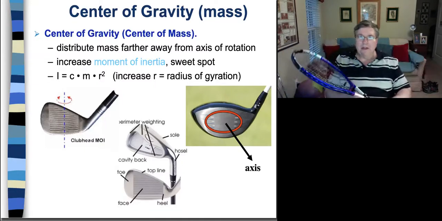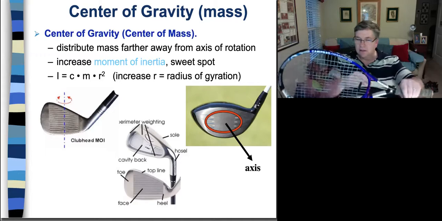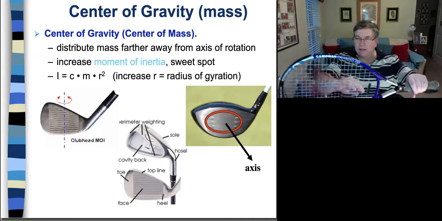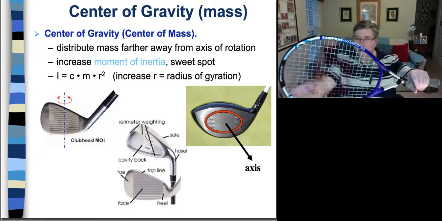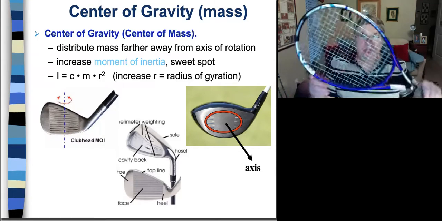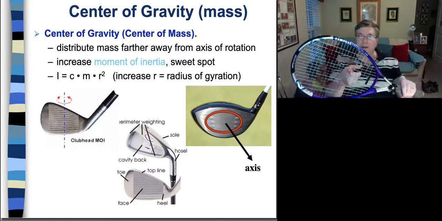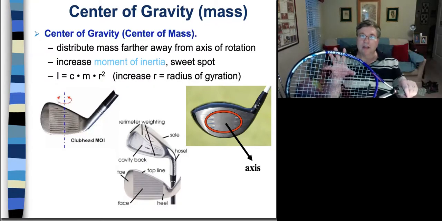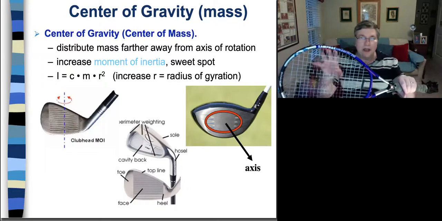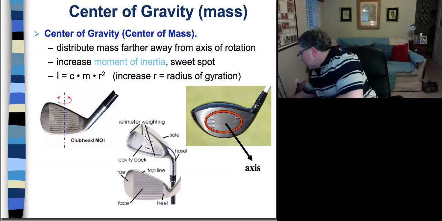But one of the things about the sweet spot and moment of inertia is that it's dependent on the axis. So along this z-axis, we have mass distributed a long way away from it as we've increased the head. And that means that if we hit the ball off center, it's harder to turn because there's more resistance against torque and turning. The same thing is actually true for a golf club.